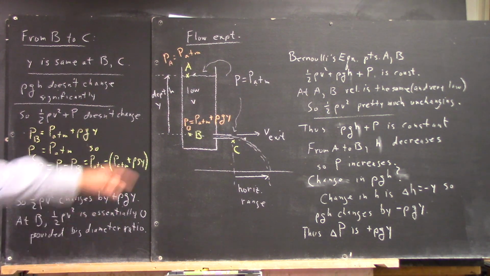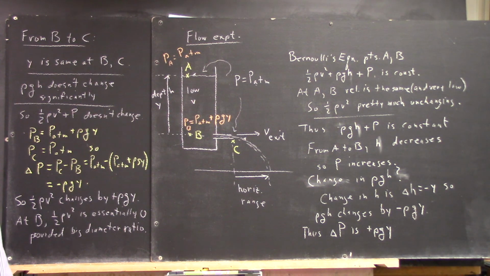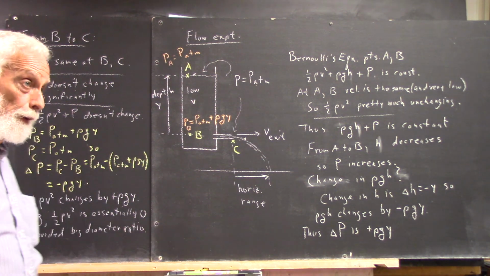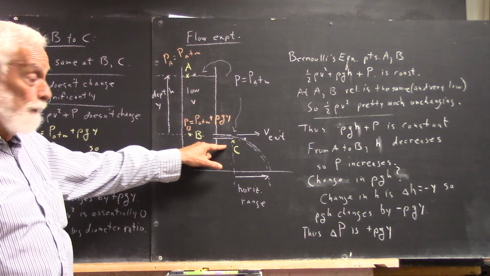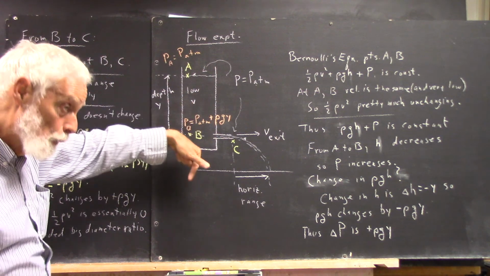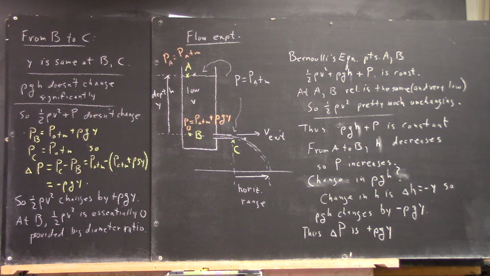In other words, the cylinder is a lot bigger around than the tube, okay? Which is the case for our system. Now, there's a warning there. If the tube gets big enough, then this velocity starts becoming significant, because the bigger the tube, the faster the water is going to go down, right? So 1/2 rho v squared isn't automatically negligible, so we better write down why we say it's negligible here, okay?